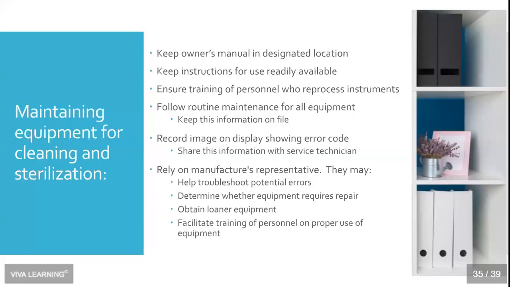And always rely on the manufacturer's representative or the manufacturer themselves. They can help troubleshoot potential errors. They can determine whether the equipment requires repair or if it was just simply operator error. They can help facilitate loaner equipment and also can help training of personnel on proper use of equipment.